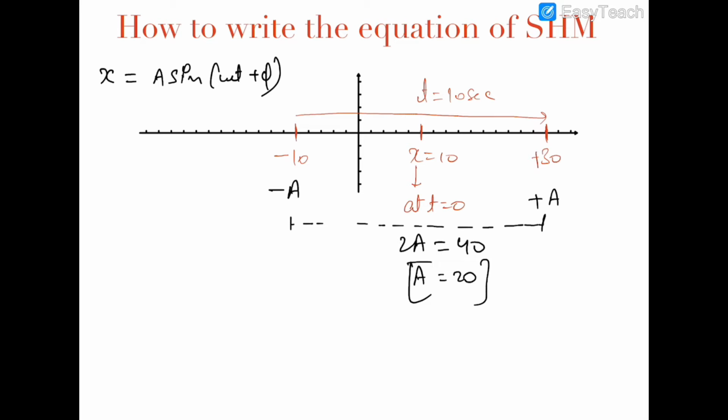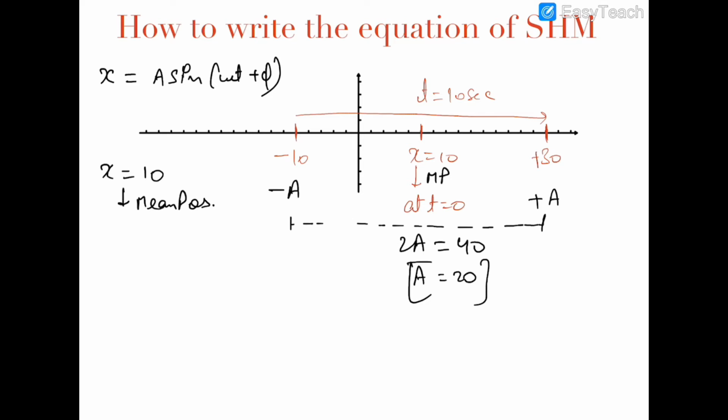Now we know that from each extreme position, the mean position is situated at an equal distance of a. So if this is the extreme position -a, then the mean position would be situated at a distance of 20 from this position in the forward direction. A point which is situated at a distance of 20 from this position is -10 plus 20, which is 10. So x is equal to 10 is the mean position.